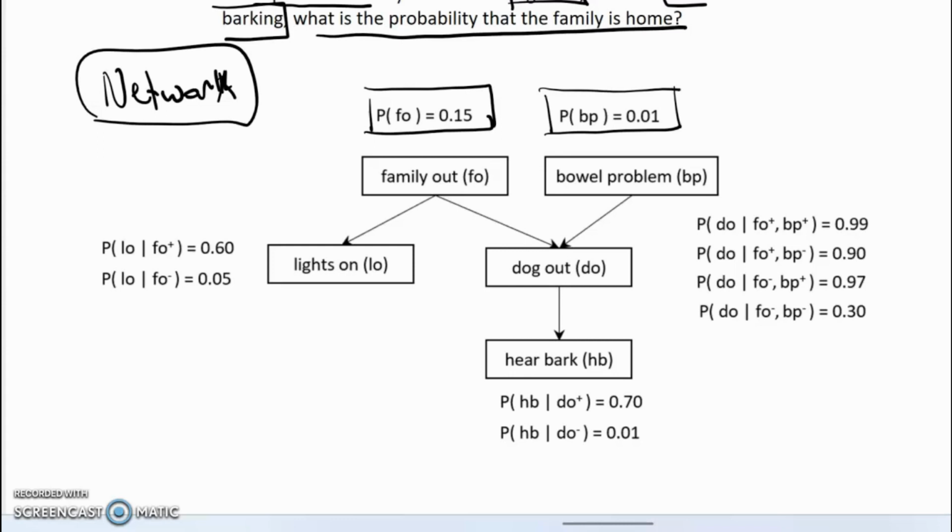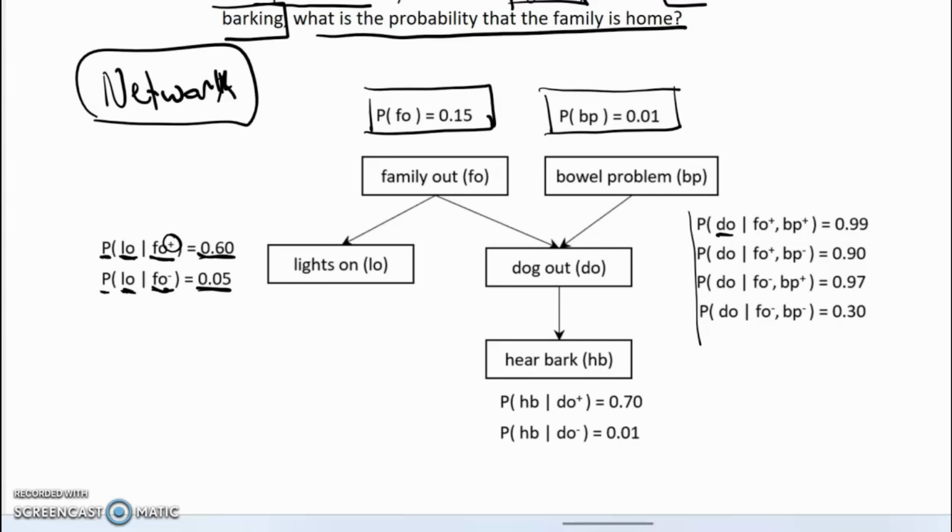And then we've got a series of conditional probabilities. The probability that the lights are on if the family is out, FO plus, is 60%. The probability that the lights are on if the family is in, in other words, family out is not true, is 5%.